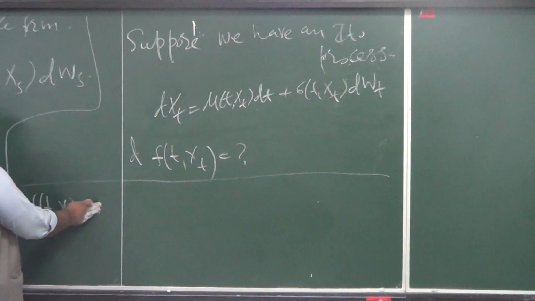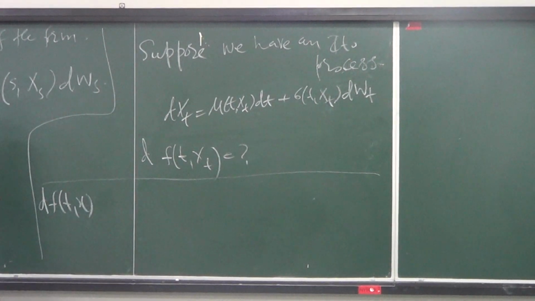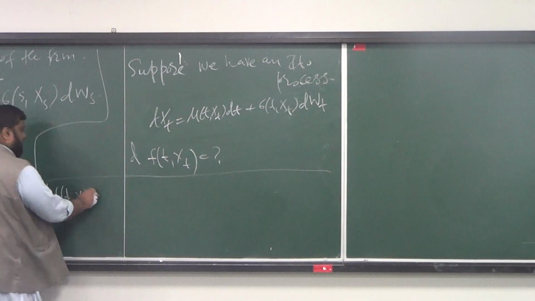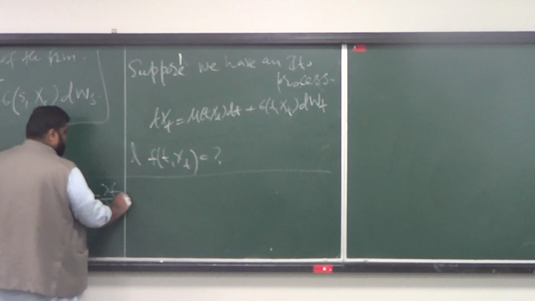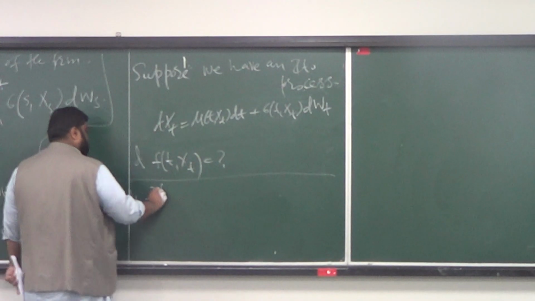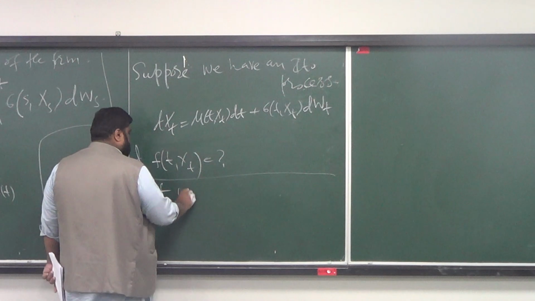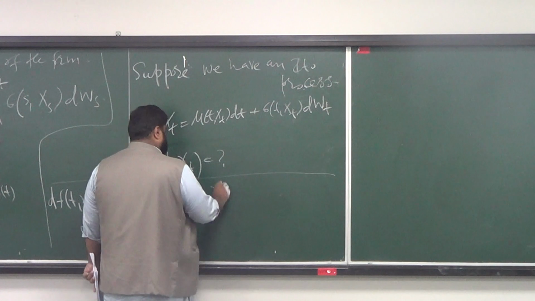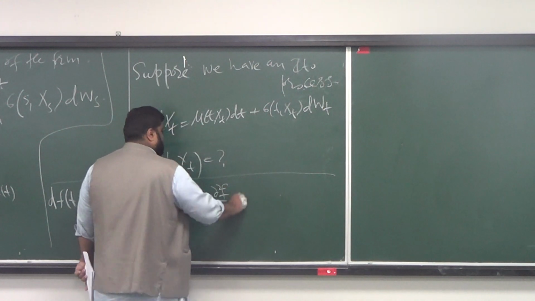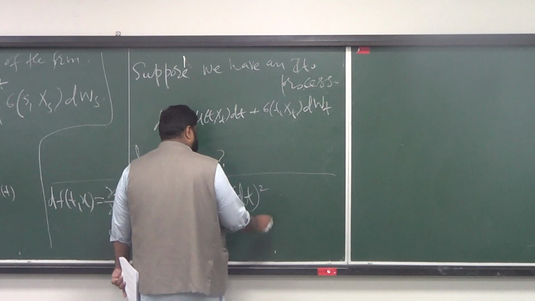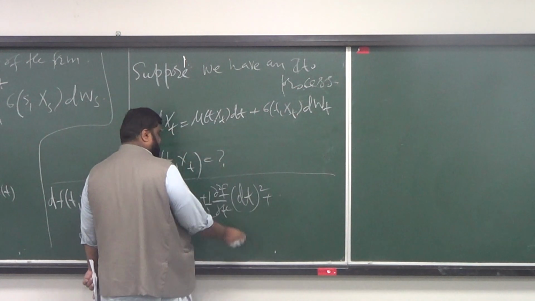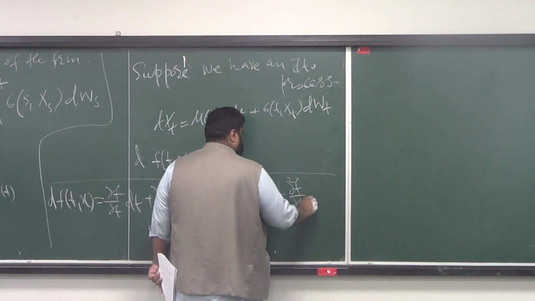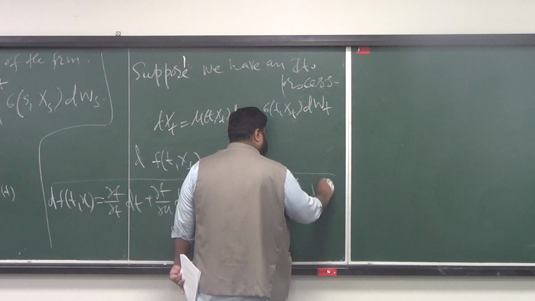So df is going to be partial f by partial t dt, plus partial f by partial x dx, plus 1/2 partial²f by partial t² dt².